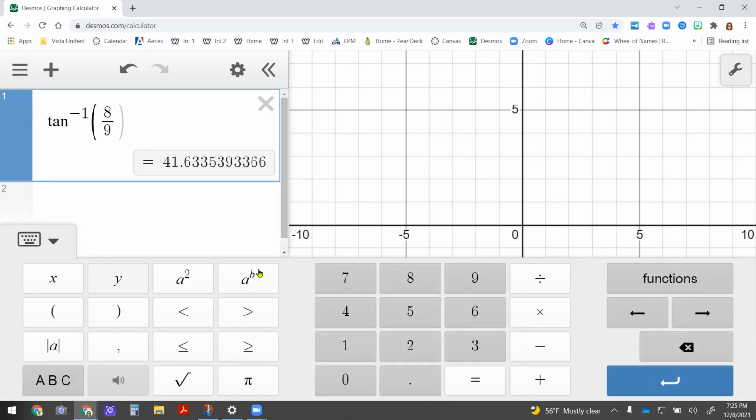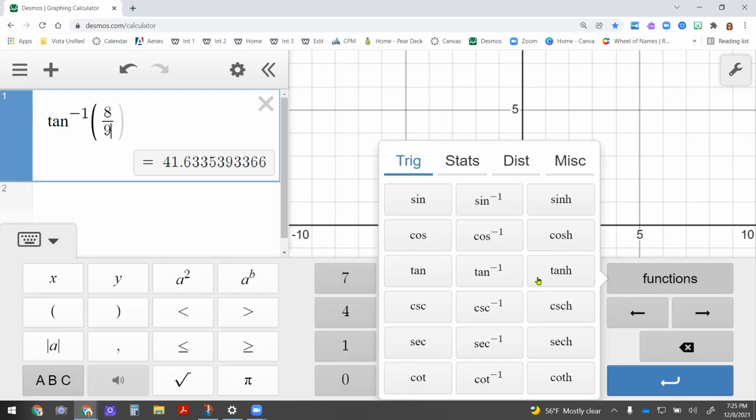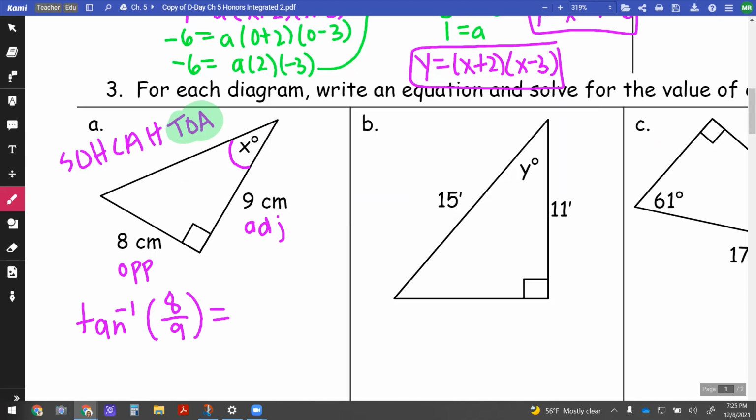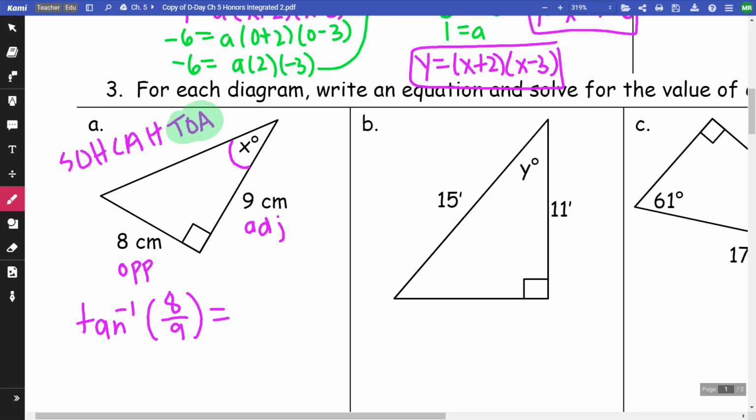If I don't want to have to type that in, I can also come here to functions, and right here is tan inverse, and I can just use that. So I got 41.63 degrees.